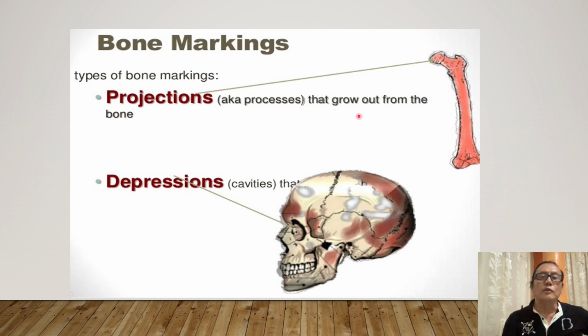So the projection is what sticks out. For example, the space where your eye sits is also a space, a fossa. So they are called depressions. This you can see with your naked eyes. In the succeeding slides, we will discuss the microscopic anatomy.